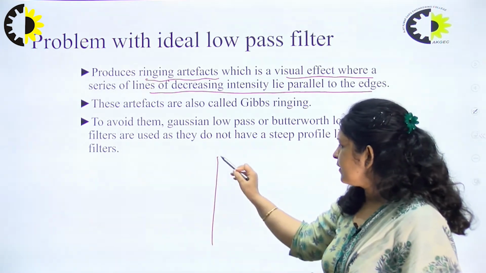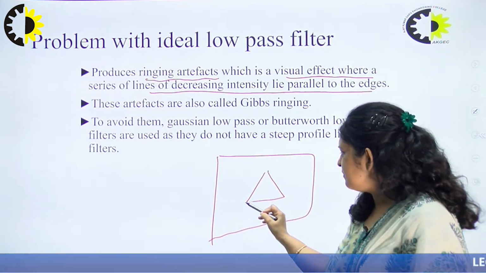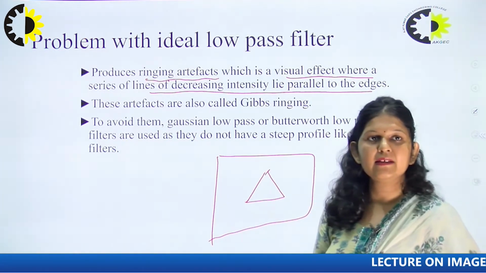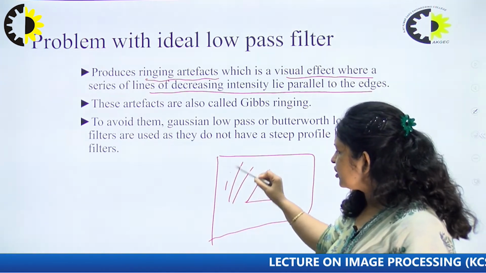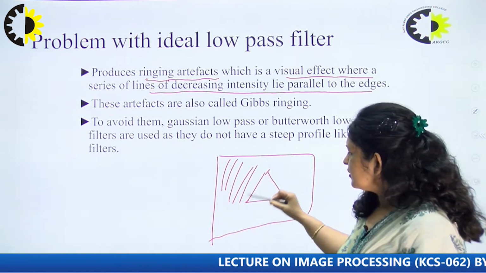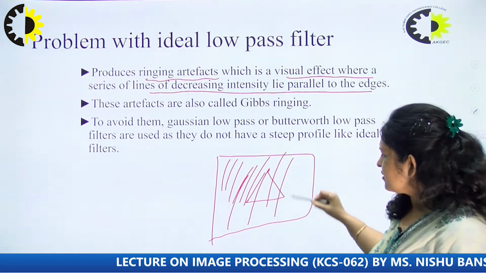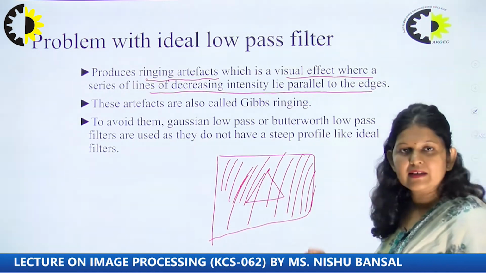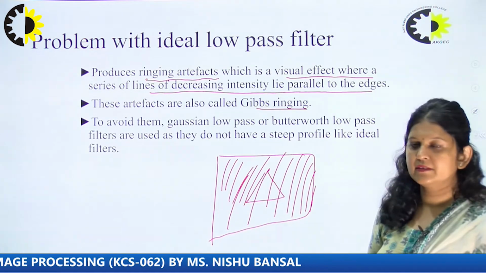That is, if I have a simple image, say a rectangle, and I apply the ideal low pass filter, I would get these very sharp lines. This is called the ringing effect because it looks like parallel ringing lines. These artifacts are called Gibbs ringing.